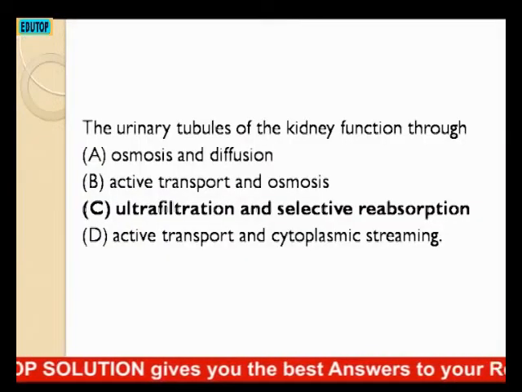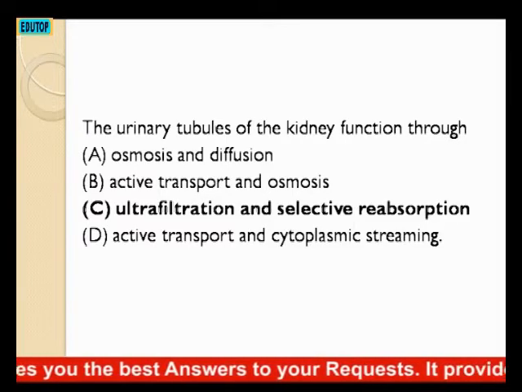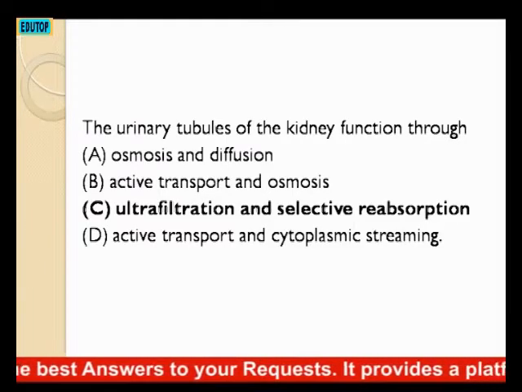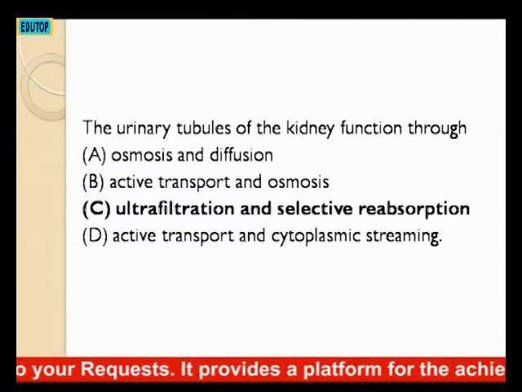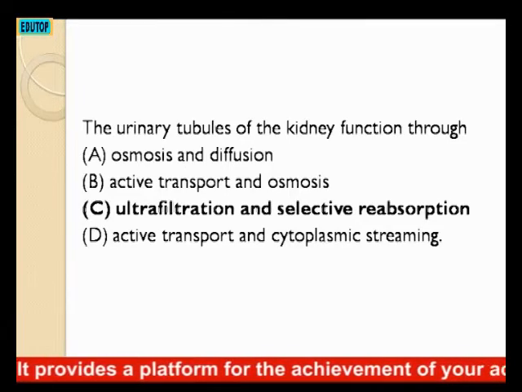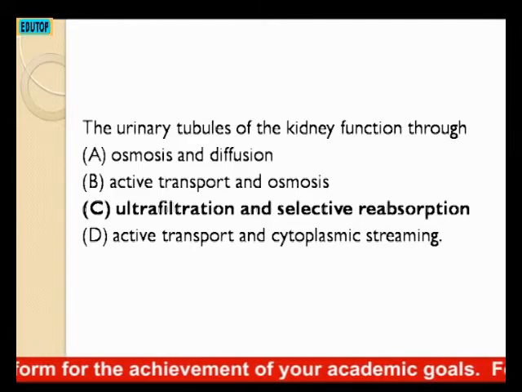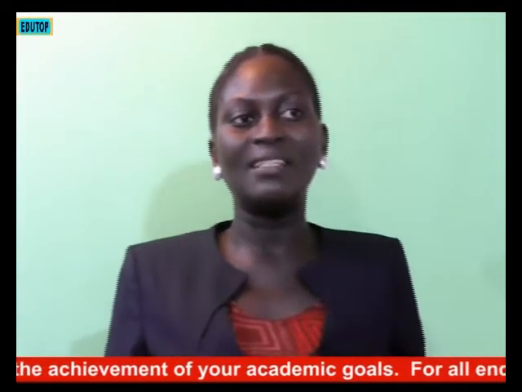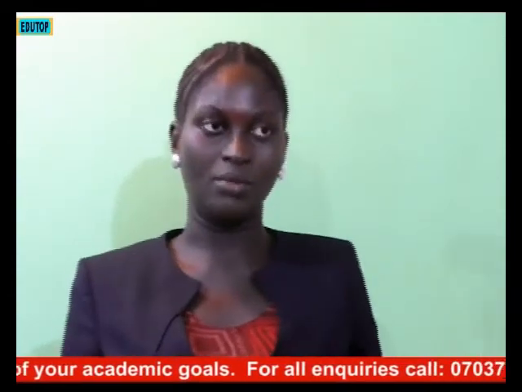The next question: the urinary tubules of the kidney function through A, osmosis and diffusion, B, active transport and osmosis, C, ultrafiltration and selective reabsorption, D, active transport and cytoplasmic streaming. The urinary tubules of the kidney function through ultrafiltration and selective reabsorption, and that is filtration under high pressure.